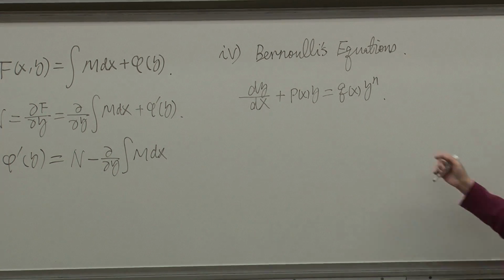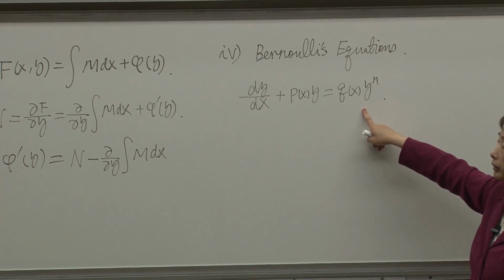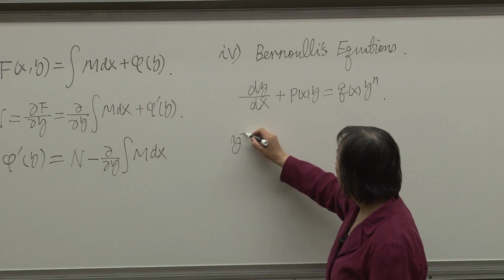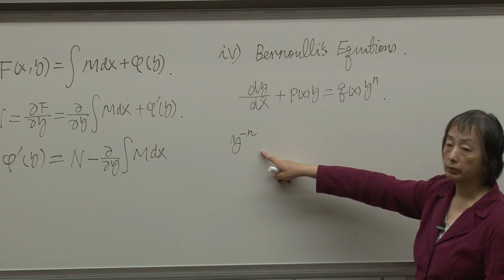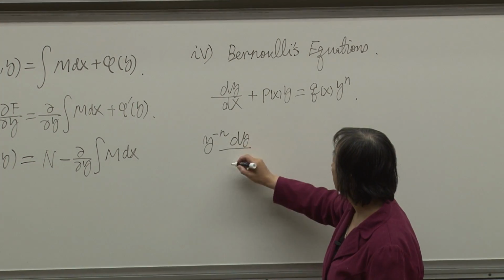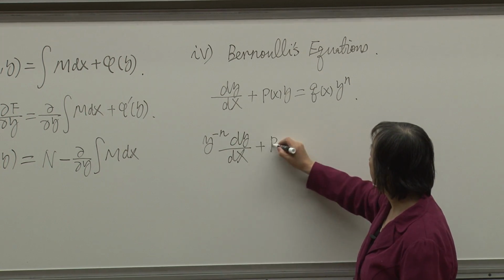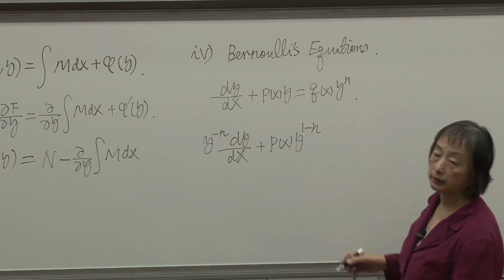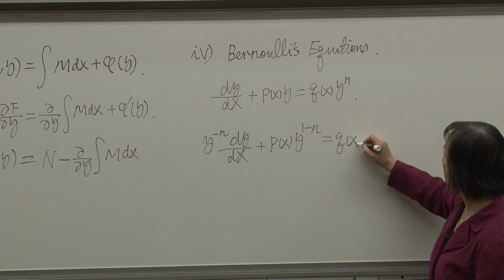We need to use a transformation to change this equation to a linear equation. So first, we multiply both sides by y to the negative n. So we get y to the negative n times dy by dx plus p of x times y to the 1 minus n. The other side is q of x.